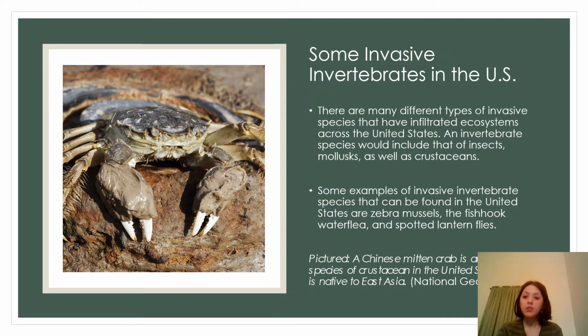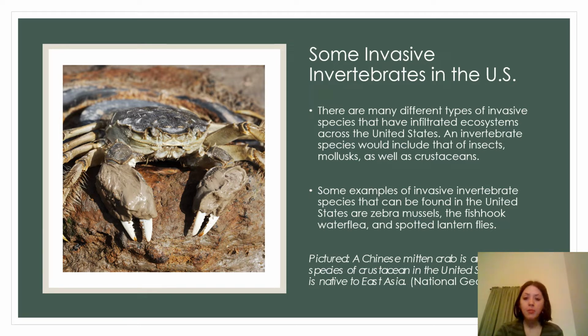An invertebrate species would include that of insects, mollusks, as well as crustaceans, much like the crab pictured on the left. Some examples of invasive invertebrate species that can be found in the United States are zebra mussels, the fishhook water flea, and the spotted lanternfly.